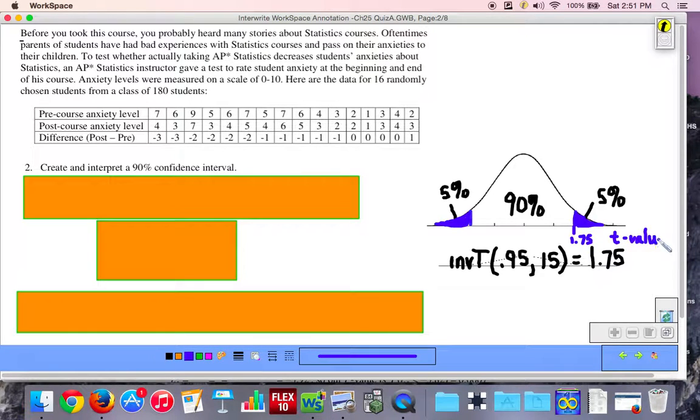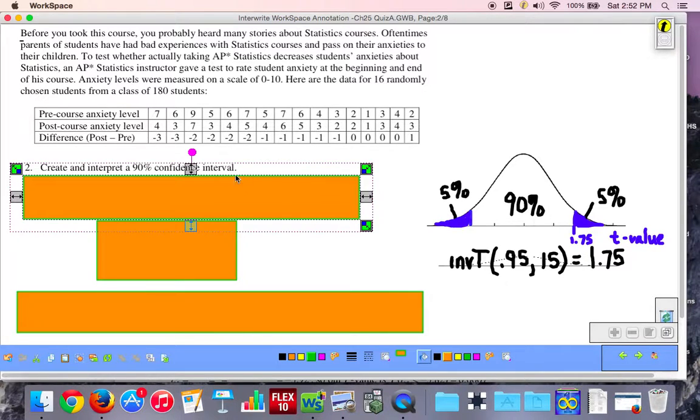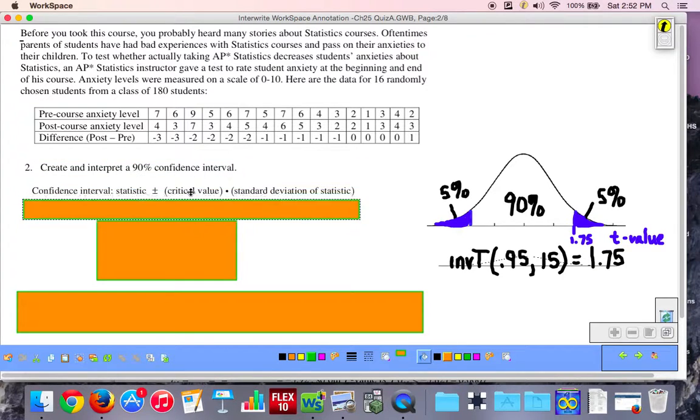And we know that we need a critical t-value in order to interpret a confidence interval. So let's take a look at our confidence interval formulas. According to the AP Statistics formula sheet, a confidence interval can be found by statistic plus or minus critical value times the standard deviation of the statistic.